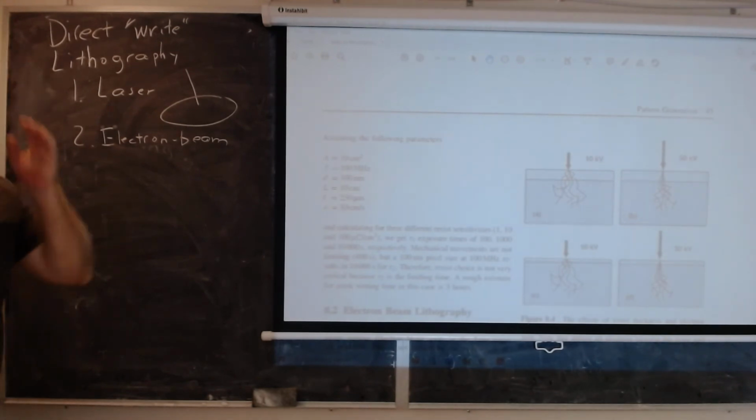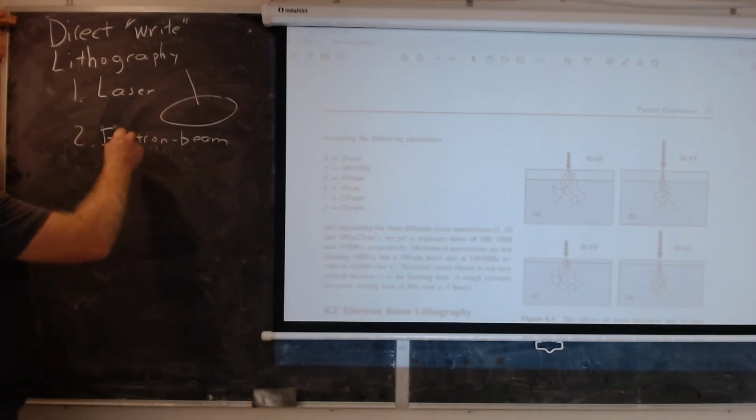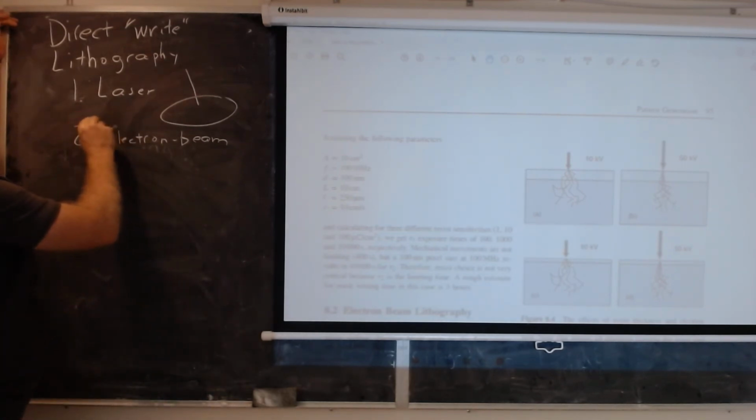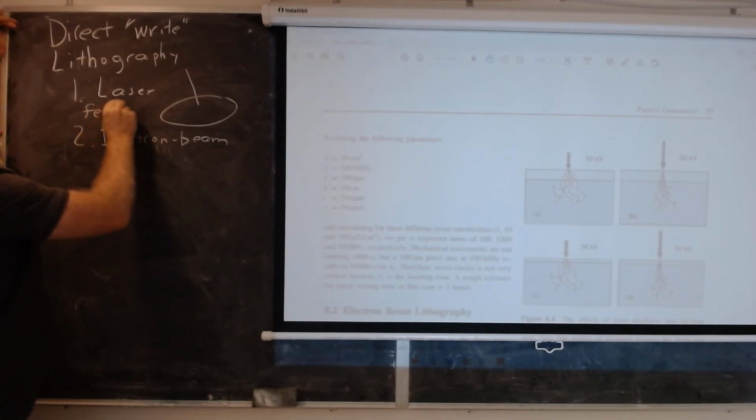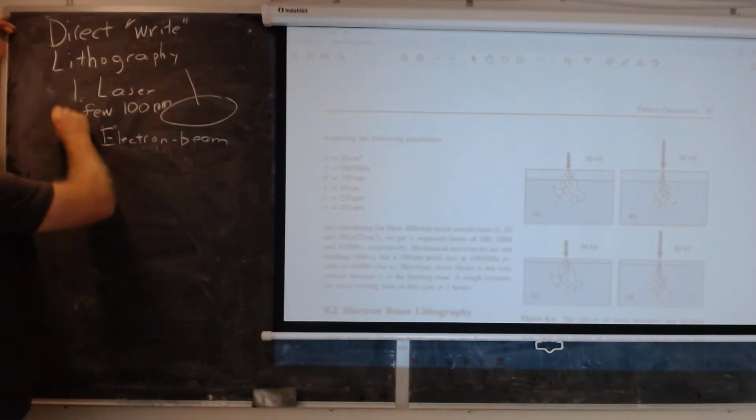Now, if you've had any physics on wave mechanics, well, it's really quantum mechanics, you'll know, for example, that a visible laser has a wavelength of a few hundred nanometers. That's the wavelength of a laser.